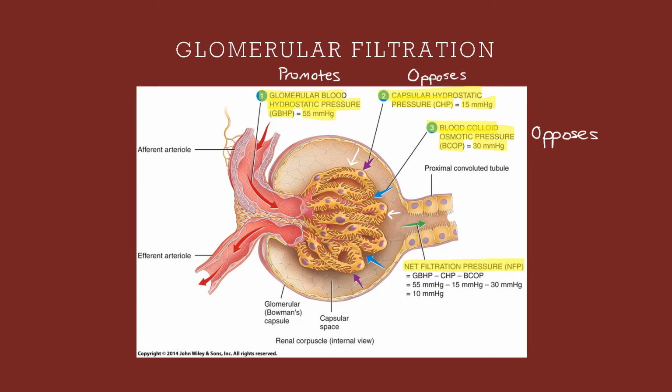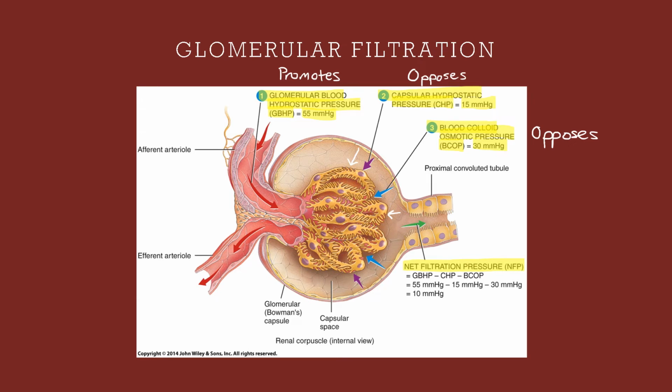And just very quickly, remember that net filtration pressure is directly related to glomerular filtration rate, the rate at which the glomerulus filters blood plasma. So we get our net filtration pressure, the total pressure that promotes filtration.